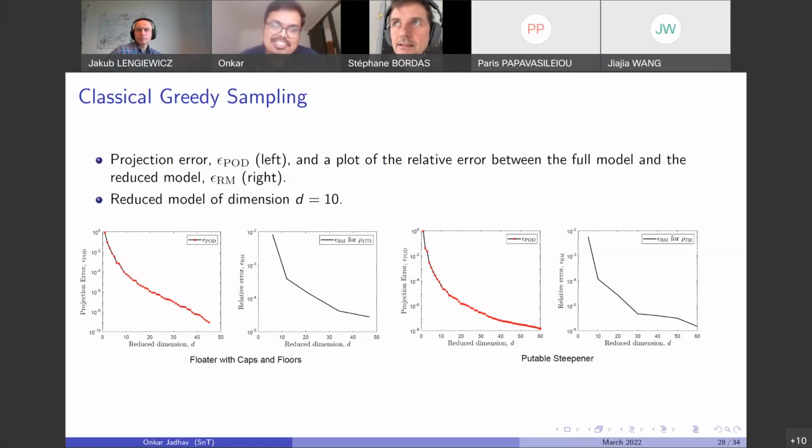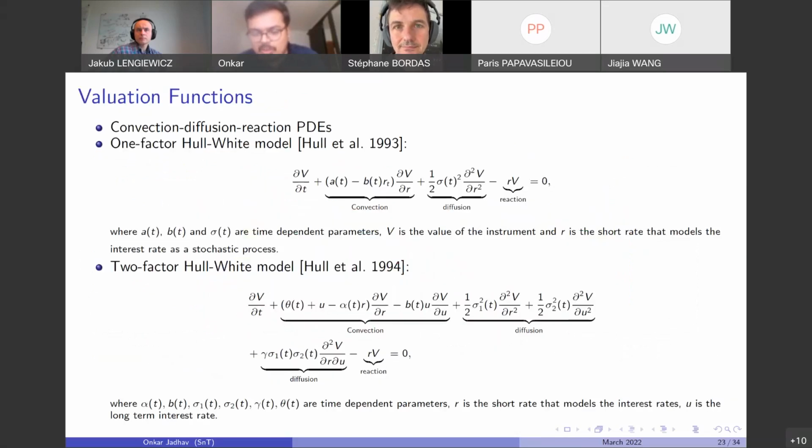So for my finance application, these PDEs you can see are linear PDEs, and this was quite simple to solve, which I have presented in front of you. But obviously, I tested my algorithms for advection dominant, highly advection dominant PDEs as well.